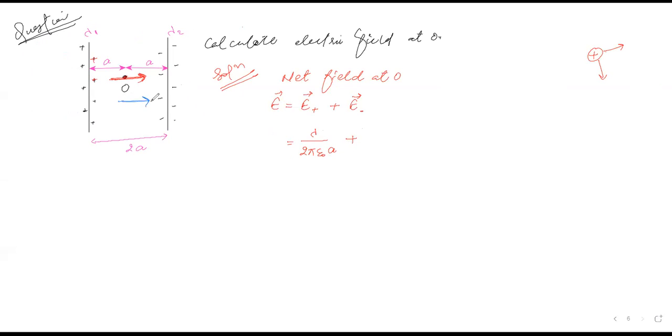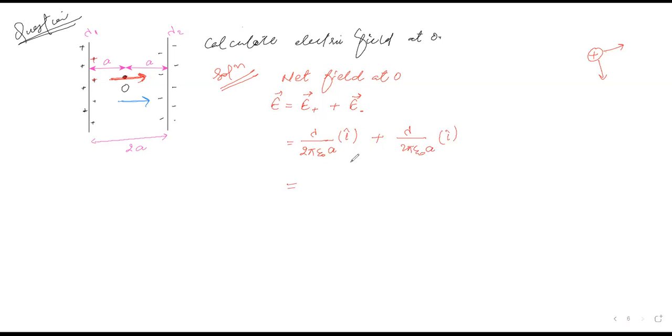So for lambda 1 you can write I cap, and for E negative, it is also lambda over 2 pi epsilon naught A I cap. I mean, both of the fields are in the same direction.